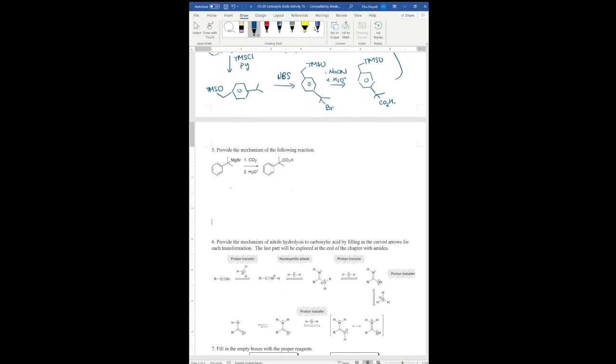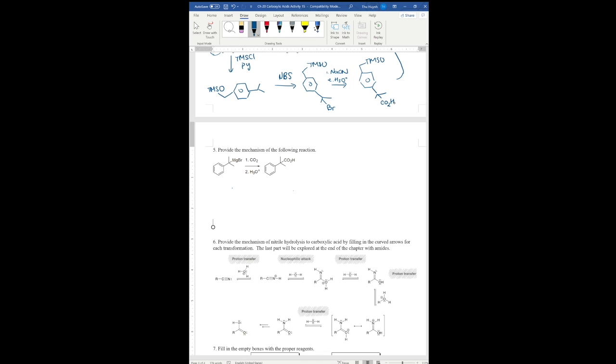Moving on. As you can see, we have to provide a mechanism for the following reaction. When looking at our starting material, we can see that it's a Grignard reagent. Due to the fact that it's a Grignard reagent, it will have a very negative carbon, and this is how your structure should look. Due to how negative it is, it will perform a nucleophilic attack towards the positive carbon in CO2 and give rise to a carboxylate ion.